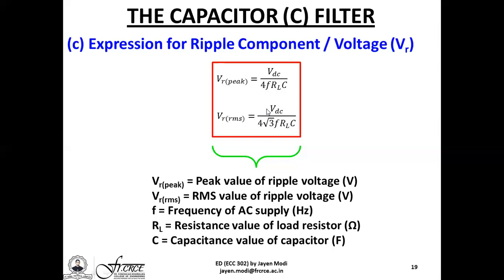The reason is that the ripple voltage waveform, as you saw, was not sinusoidal in nature. It was in fact triangular, and for all triangular waveforms you have the term root 3. Had the ripple been perfectly sinusoidal, you would have VR RMS equal to VR peak divided by root 2.